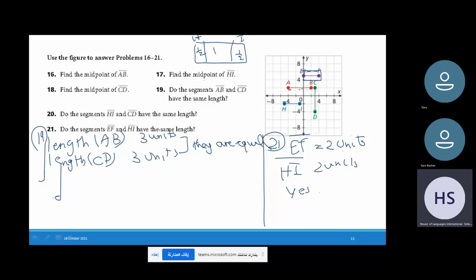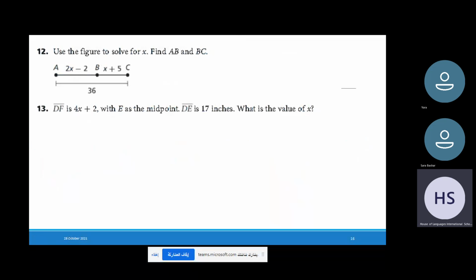Yeah, but the midpoint is different than the length. But teacher, midpoint means they are 3. No, midpoint, it's 1 point in the middle. Yeah, now, number 12.